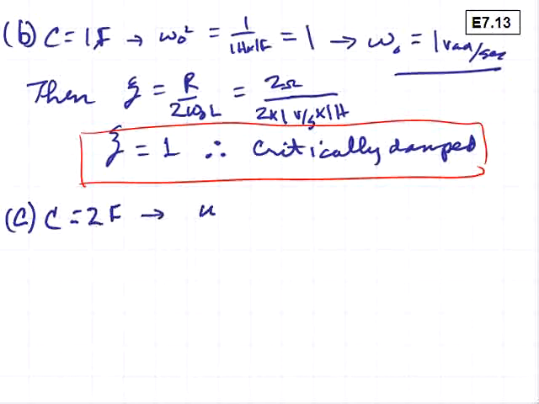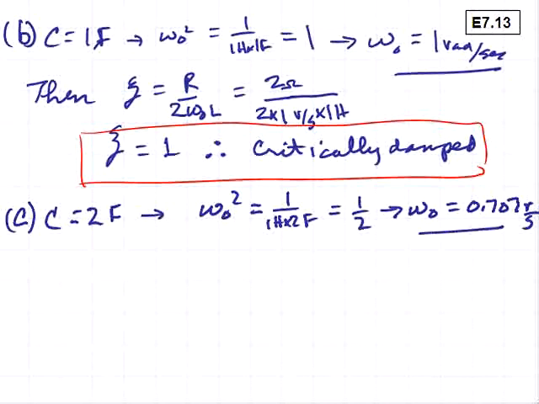And this will give us that omega naught squared is equal to 1 over 1 Henry times 2 farads, which is equal to 1/2, which gives us that omega naught is equal to 0.707 radians per second.